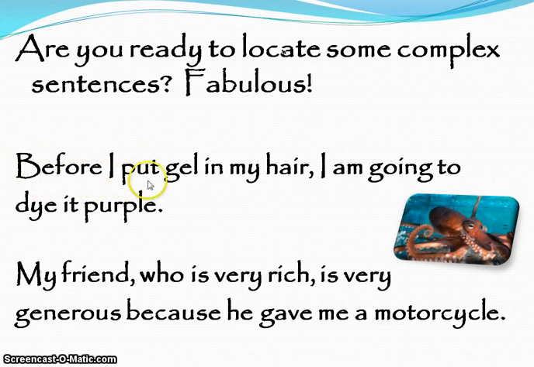So before I put gel in my hair is a subordinate right there. Now if I remove it and read what's left, I have I am going to dye it purple. Well, that makes sense. That can stand alone. It has a subject and a verb. That's an independent. So this is an example of a complex sentence because it has one subordinate and it has one independent.